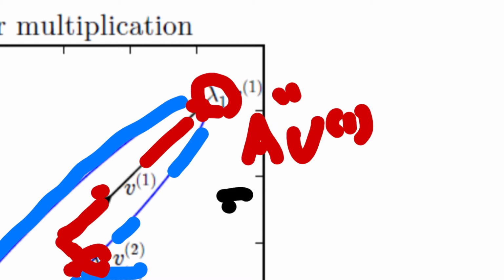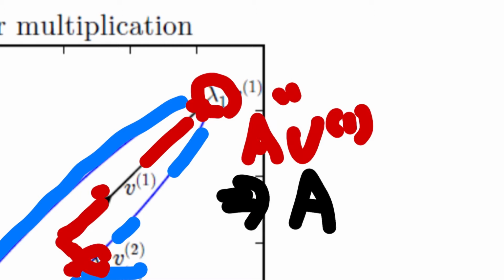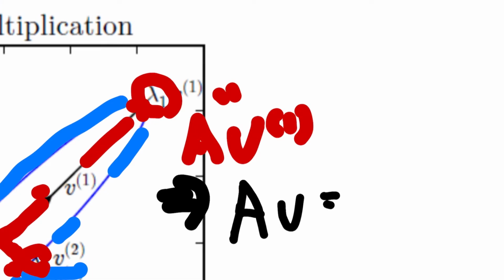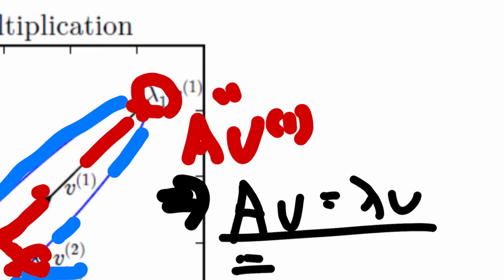So in other words, to find v1 and lambda 1, we can set up the equation Av = lambda v. By finding v and lambda, we can understand the properties of the matrix. In this case, v is called the eigenvector, and lambda is called the eigenvalue.